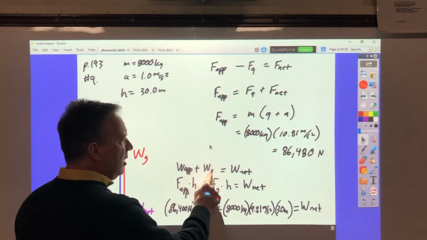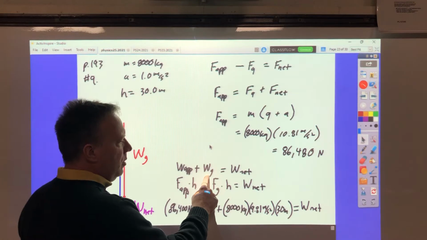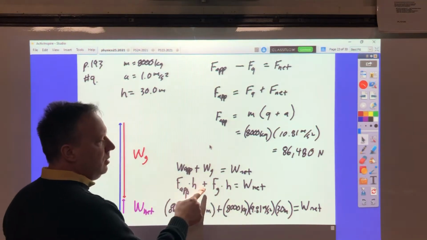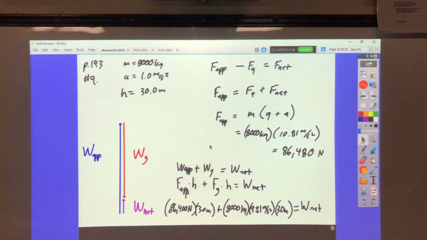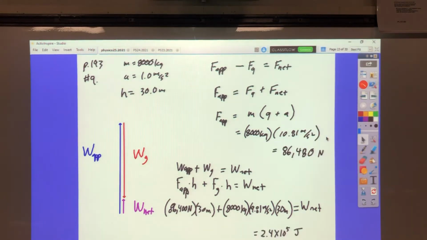And then subtract off the work done by gravity. And it comes out to be 2.4 times 10 to the 5th joules.